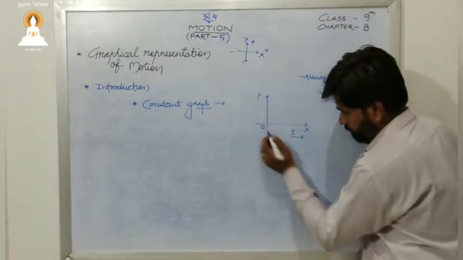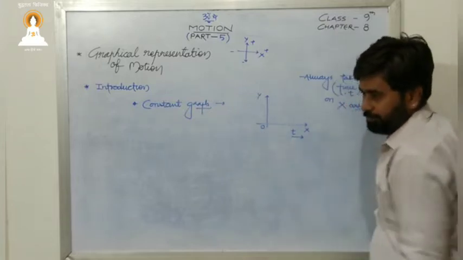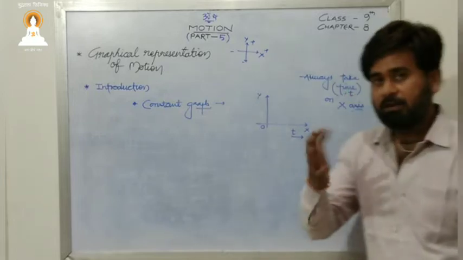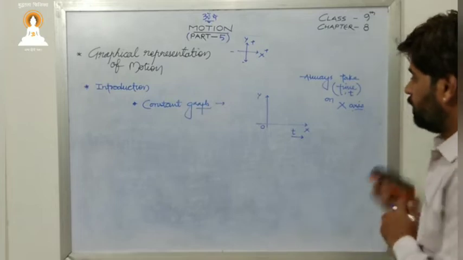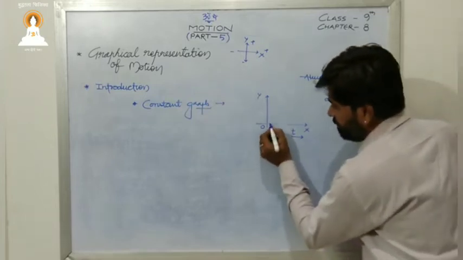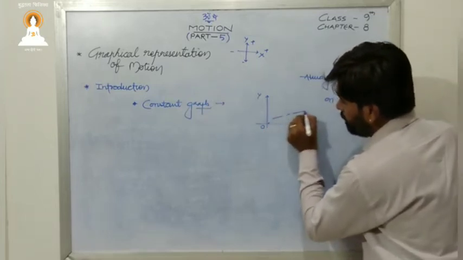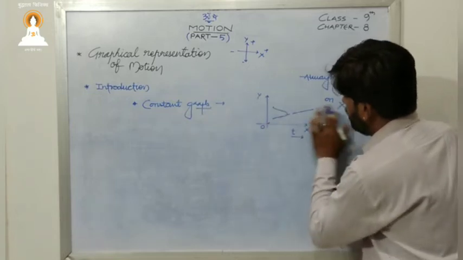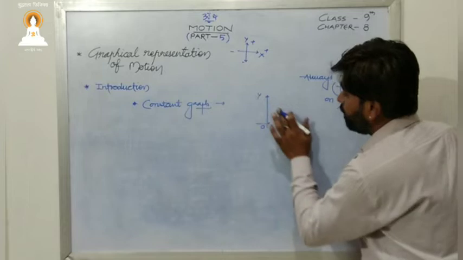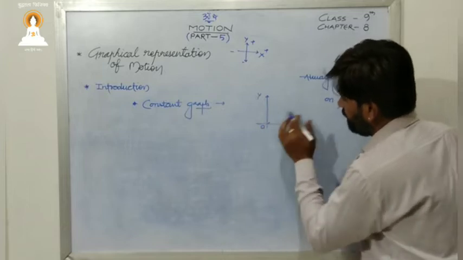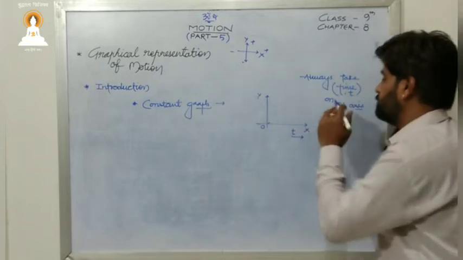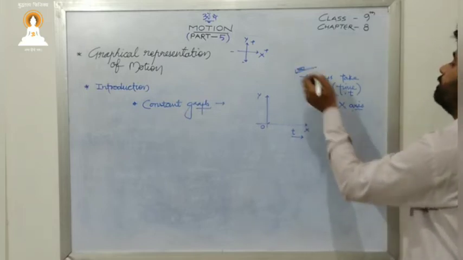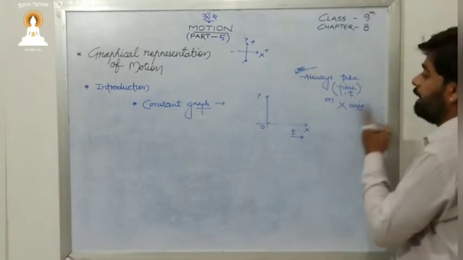Because time, once it has passed, never comes back. In this particular case, every time you will move further. You cannot move in reverse because time never comes back or reverses. It always moves on and on. So remember, this is important: always take time on the x-axis.